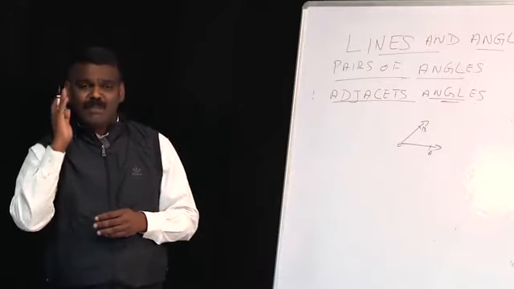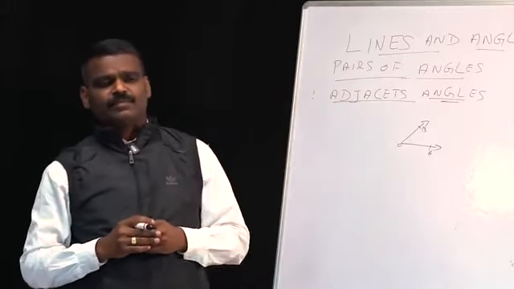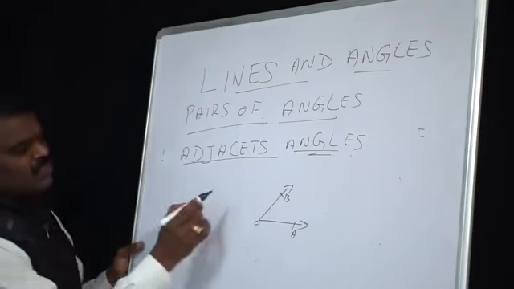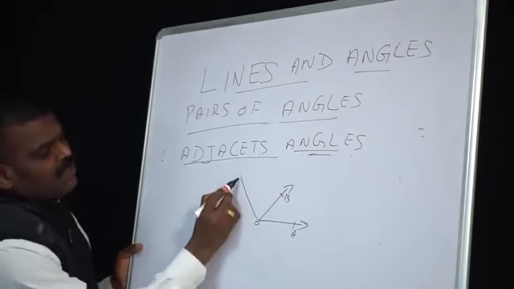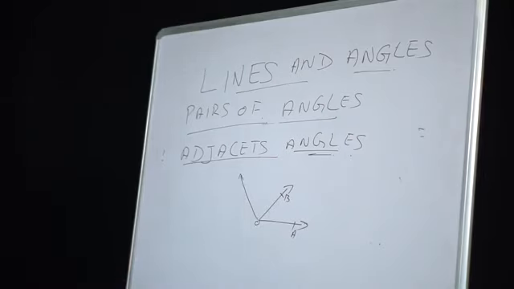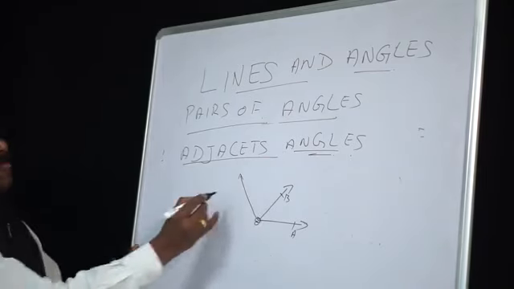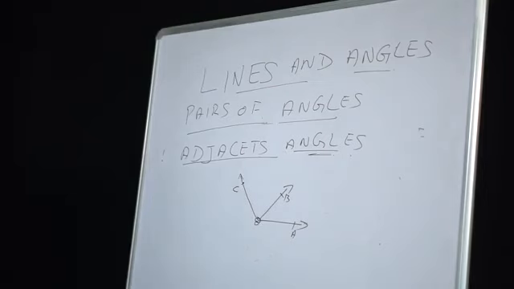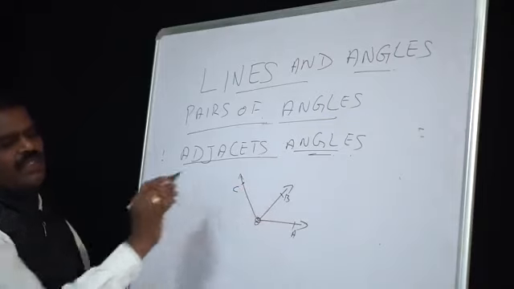If they have a common ray and their starting points, the vertex of the angles, should be at one particular point where they meet each other. Then they are called what angles? Adjacent angles. Angle AOB and angle BOC.